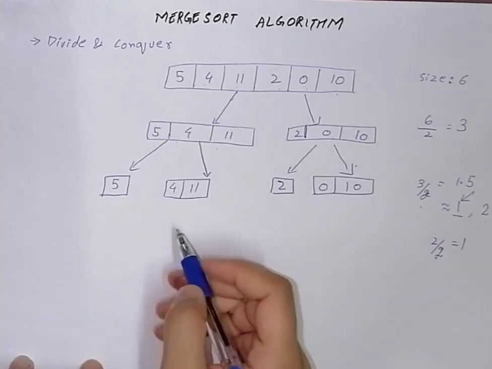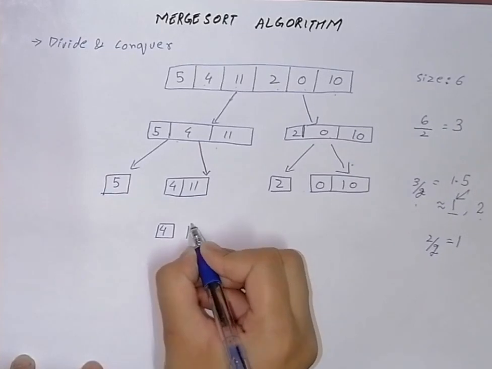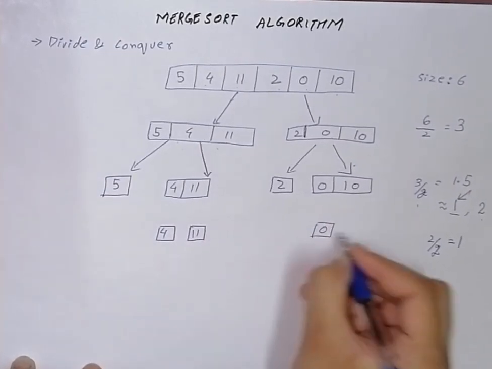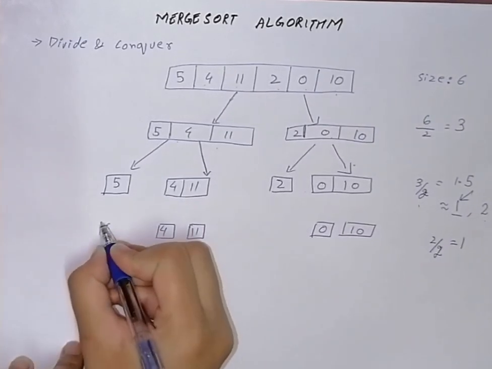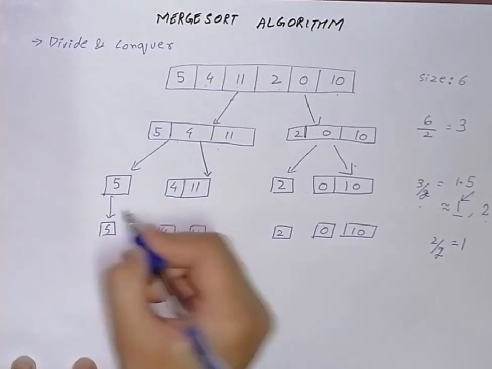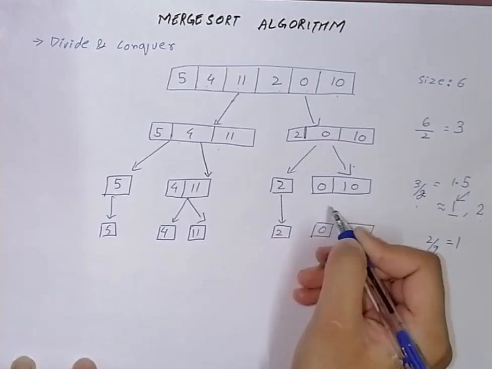So I create an array of size 1 and another array of size 1. Similarly here I'll create an array of size 1 and another array of size 1. This 5 will remain as it is and this 2 will remain as it is. Okay, I'll draw the lines like this.